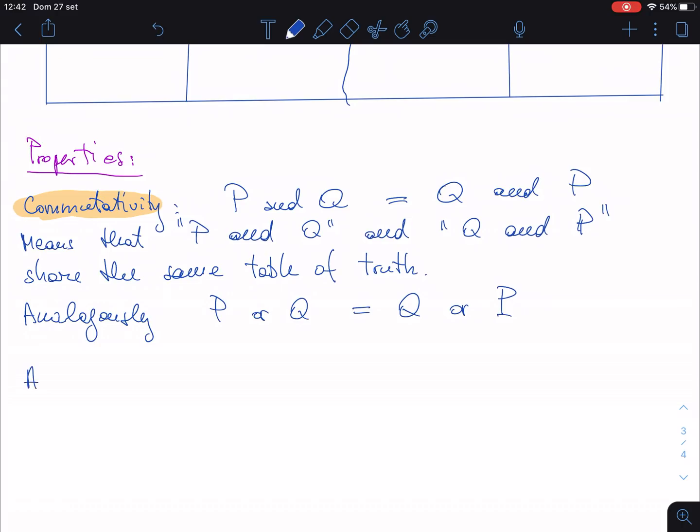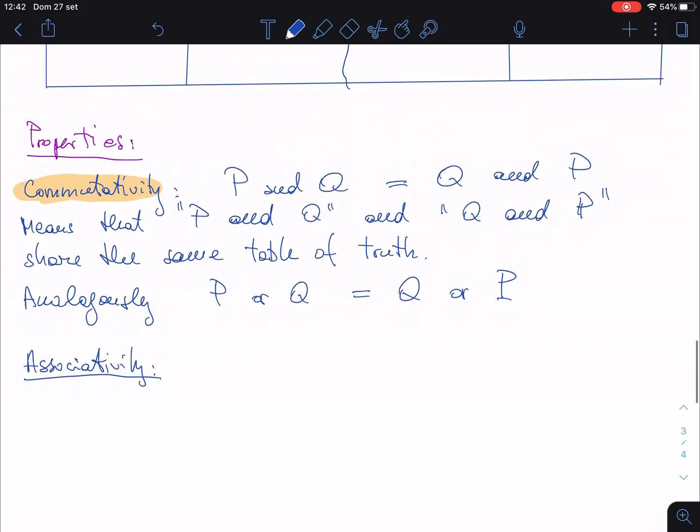So we have associativity. And we have that P and Q and R is equal to P and Q and R, with the grouping changed.